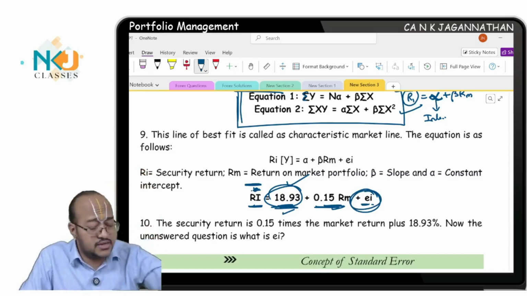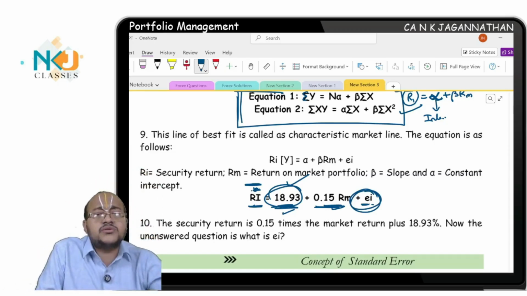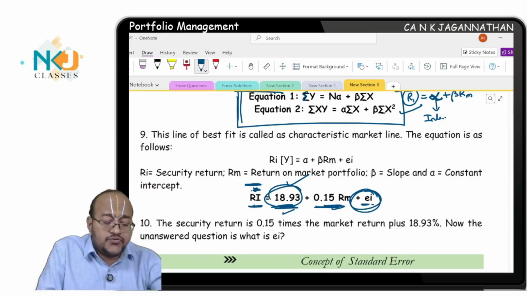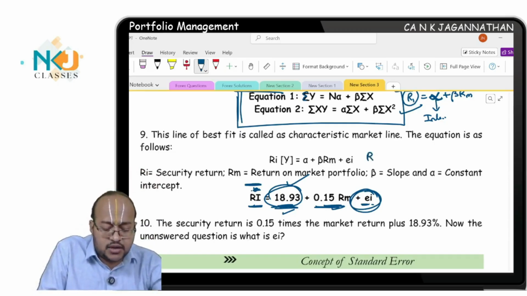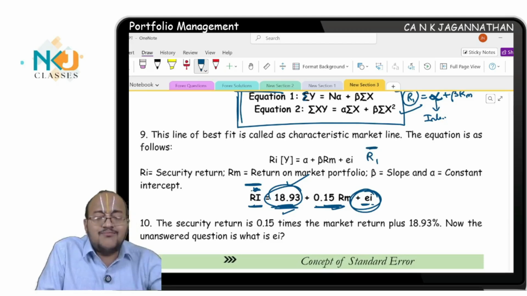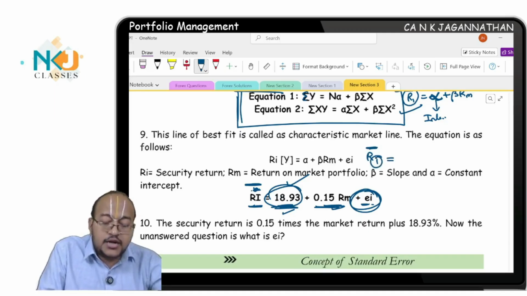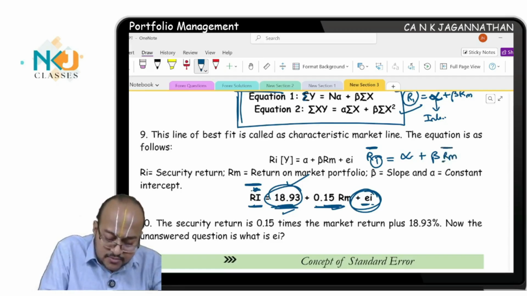See, the regressed equation, I told you, is a line of best fit, an average line. If you want to find the average line, it is nothing but Ri bar, the mean return of the individual security. What is Ri? Individual security. Mean return of the individual security is equal to alpha plus beta times the return of the market. Are you all understanding? Here also, Rm is nothing but Rm bar.